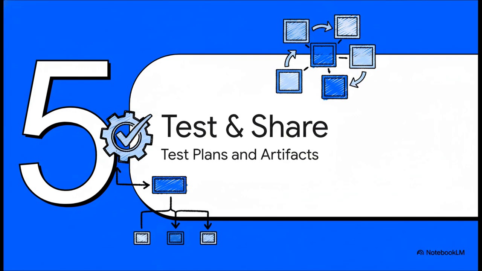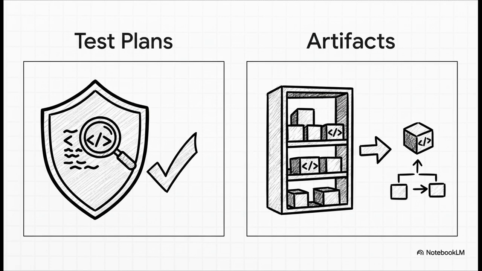Okay, we're getting close to the finish line. Let's talk about two really important final steps, making sure the app is rock solid and sharing our work efficiently. These next two pieces, Test Plans and Artifacts, are absolutely key, especially when your projects start getting bigger. First up, Azure Test Plans. This is your one-stop shop for quality control.